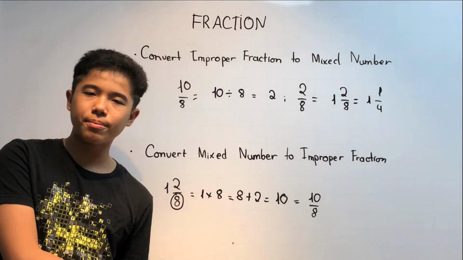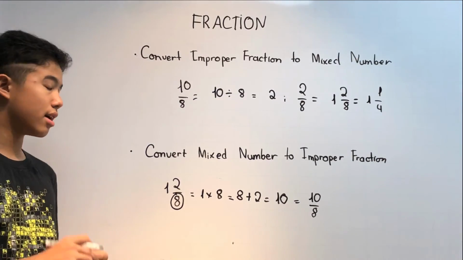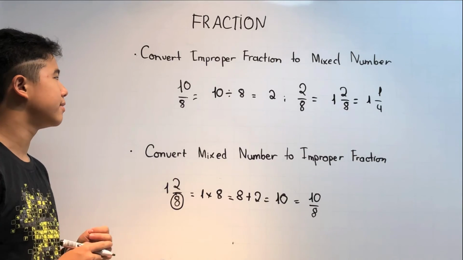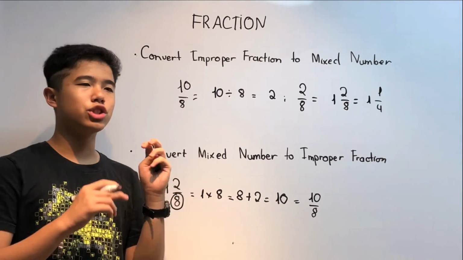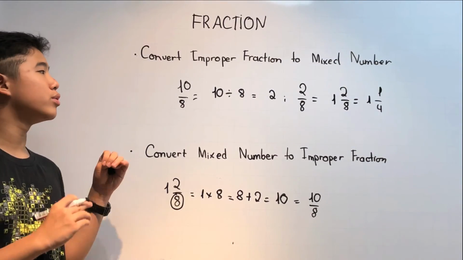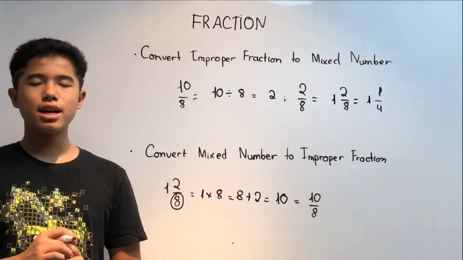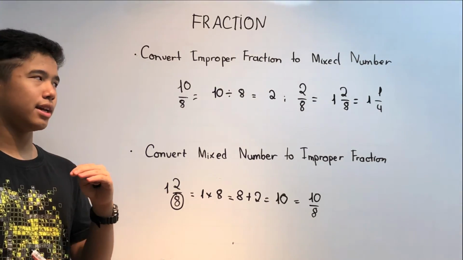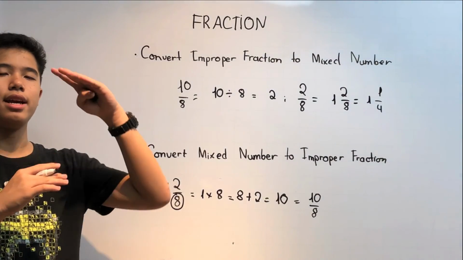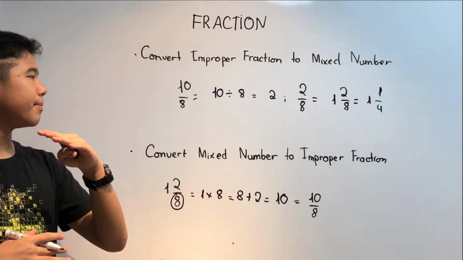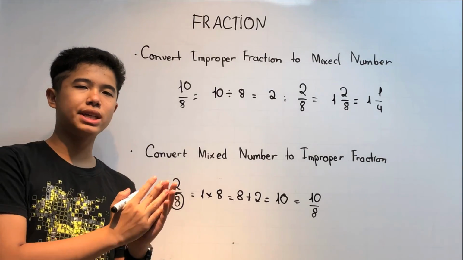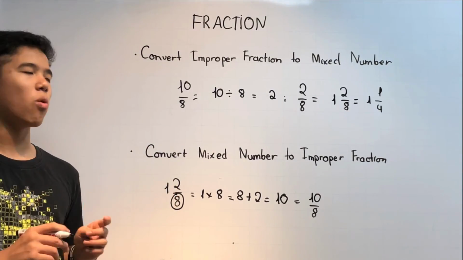First, you must take the whole number times the denominator and plus the numerator, and you have the fraction. For an improper fraction to a mixed number, you must divide the numerator by the denominator and keep the denominator. Take the remainder as the numerator, keep 8 as the denominator, and take the result that we have as the whole number.